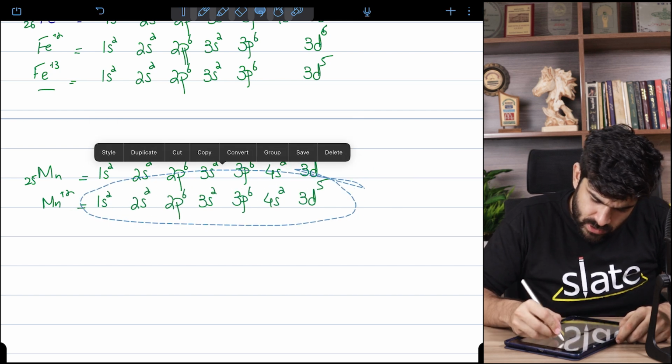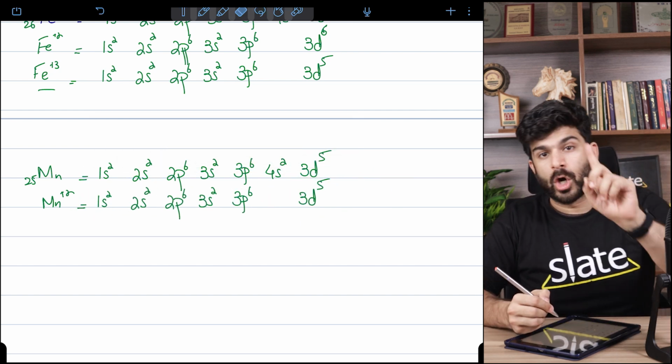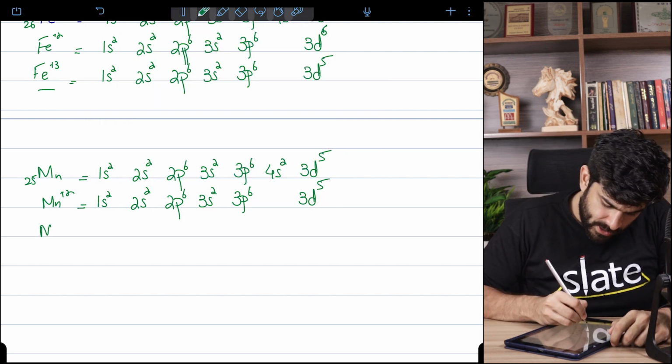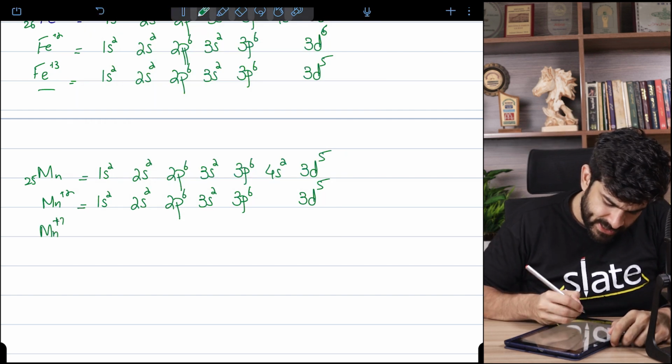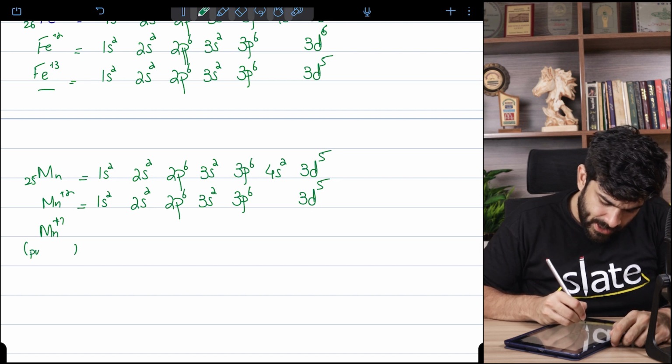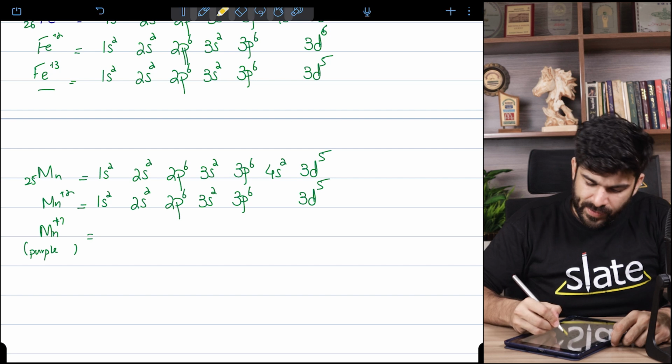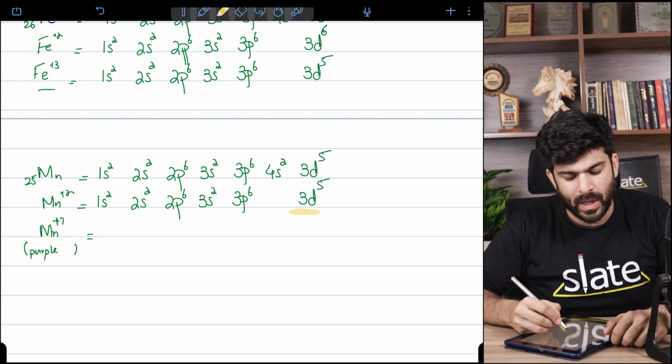We just lose the 4s2 here, not the 3d. But then again, one of the most important oxidation states of manganese is Mn +7, purple in color, KMnO4. So for that, we will lose these 5 electrons as well.